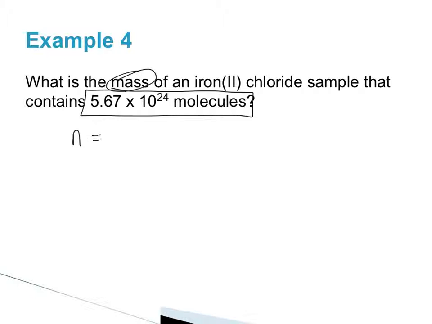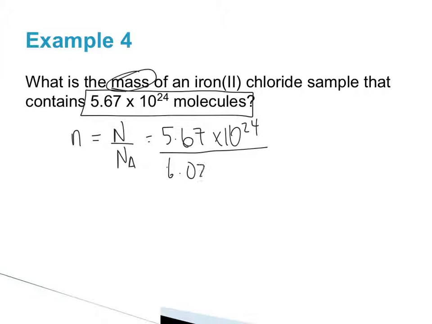So to find the number of moles, we're going to take molecules and divide it by Avogadro's constant. 5.67 times 10 to the 24 molecules then, divided by 6.02 times 10 to the 23 is going to give us 9.4186 moles. Again, don't round off here yet because we're not done with our calculation.